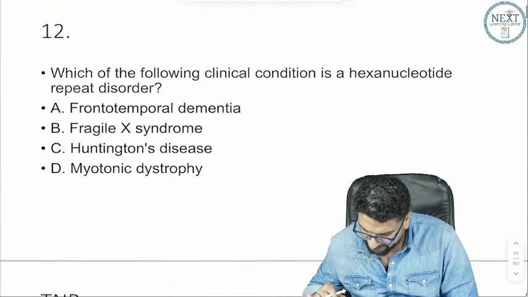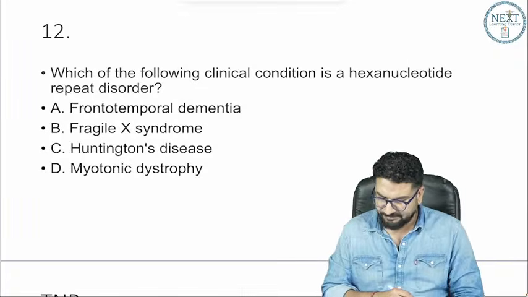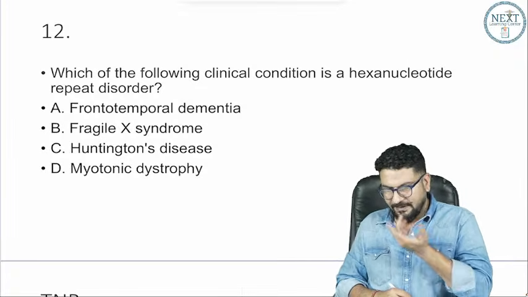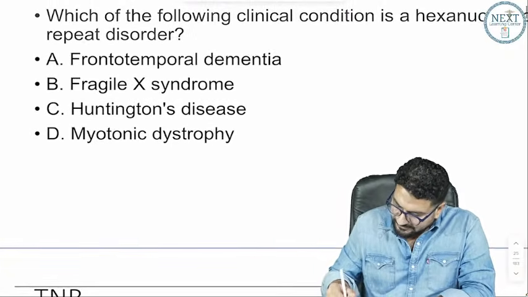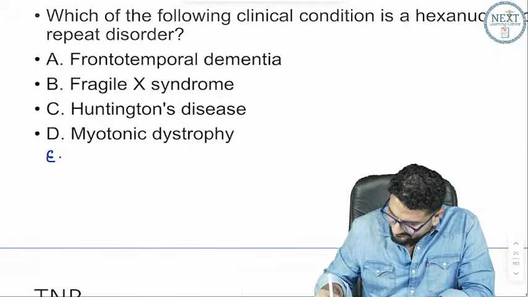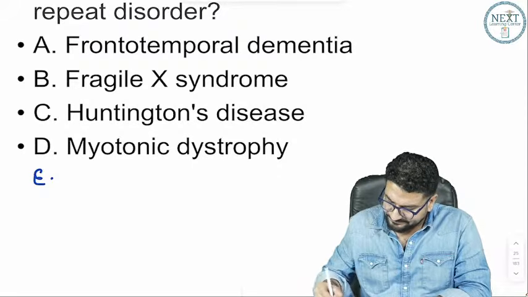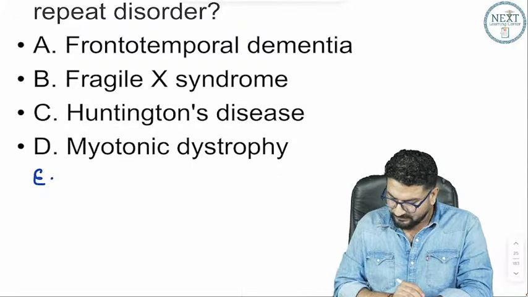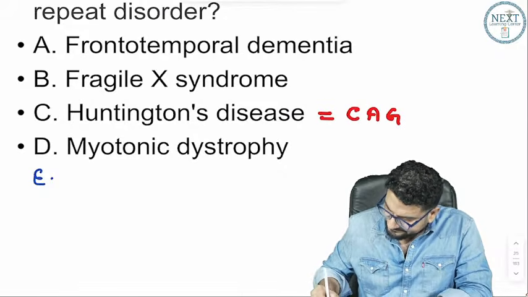Let's move ahead. Okay, tell me. Following is having hexanucleotide repeat. Basically, you should know they are asking questions above trinucleotide repeat. So here I am adding one more option. Tell me, where you will see what type of repeat. Fragile X syndrome, Huntington disease. Huntington disease will have CAG repeat.